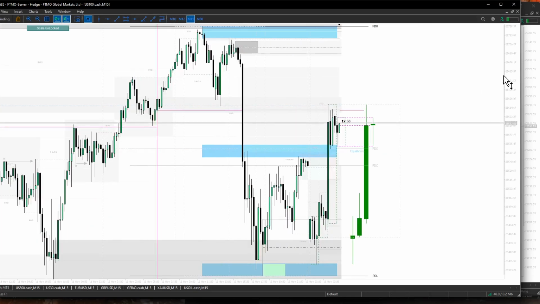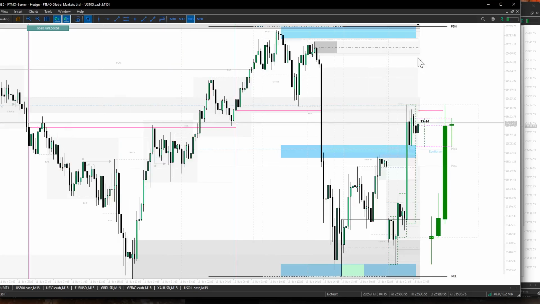So looking at this price action, there were quite some opportunities to capitalize on.